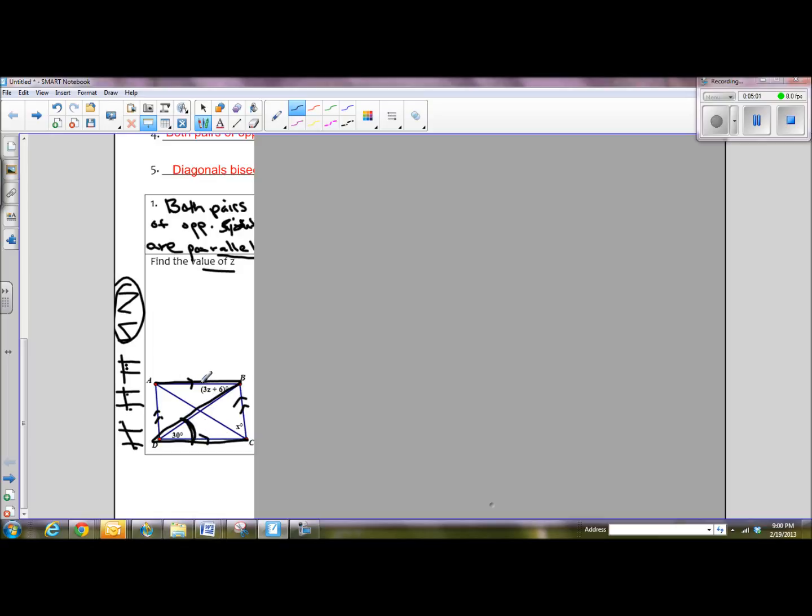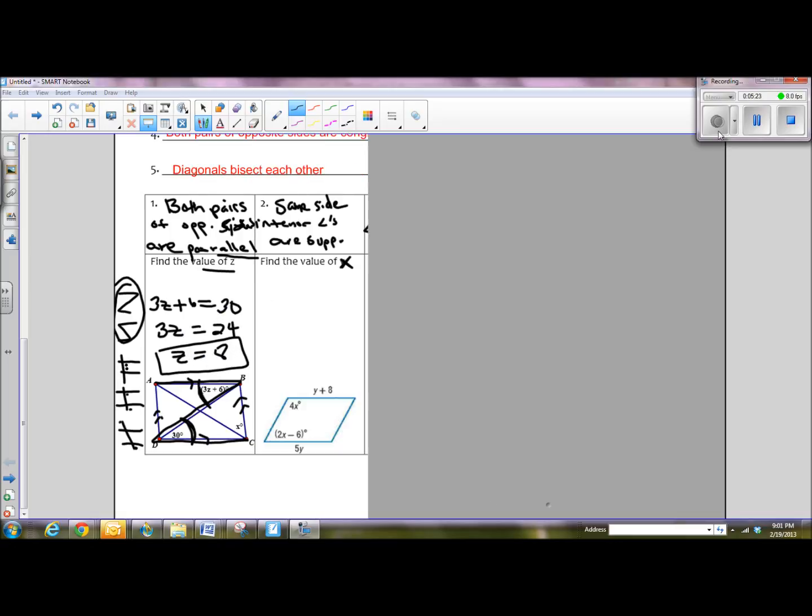We have this 30 degrees, which is congruent to 3z plus 6. So because AB is parallel to DC, we can know that 3z plus 6 is equal to this 30 by alternate interior angles. And when I solve for z, I get the value for z as 8.